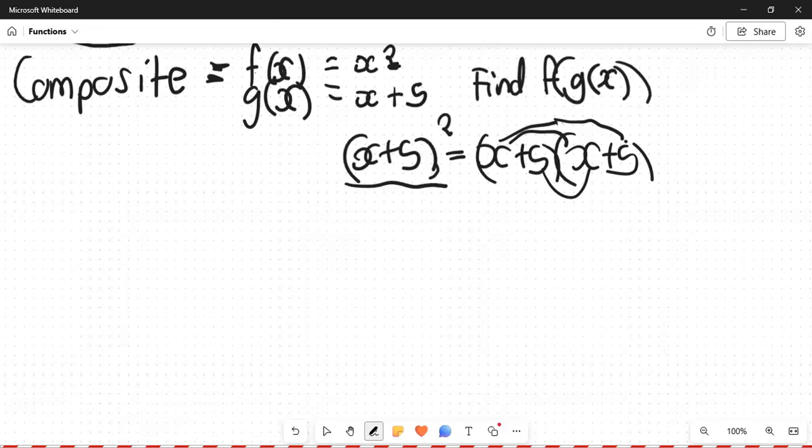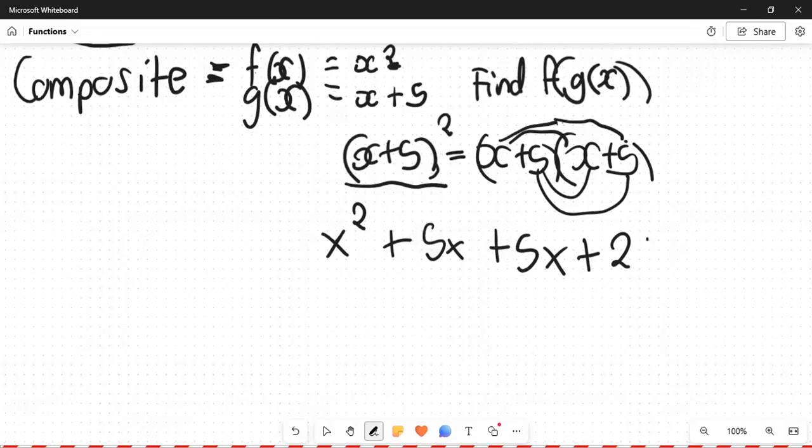Opening the brackets is quite simple. You have to multiply both brackets to get the final bracket. So in this case, x plus 5 times x plus 5 is going to be x squared plus 5x plus 5x plus 25.